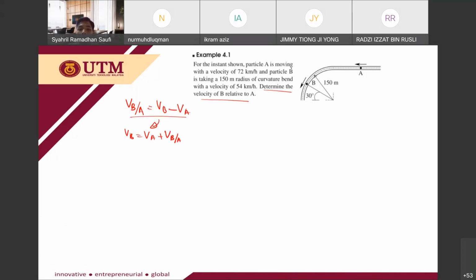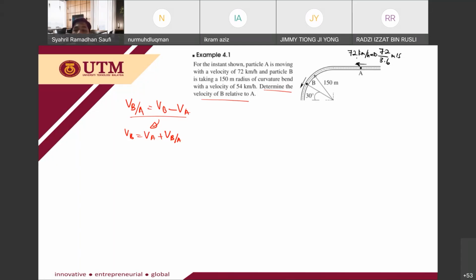Particle A is moving to the left with a velocity of 72 kilometer per hour, so you need to change to meter per second: 72 over 3.6.